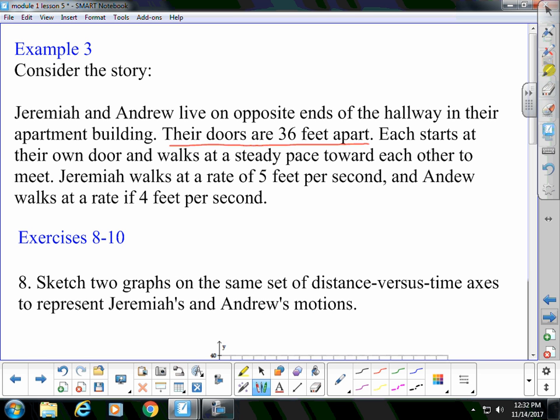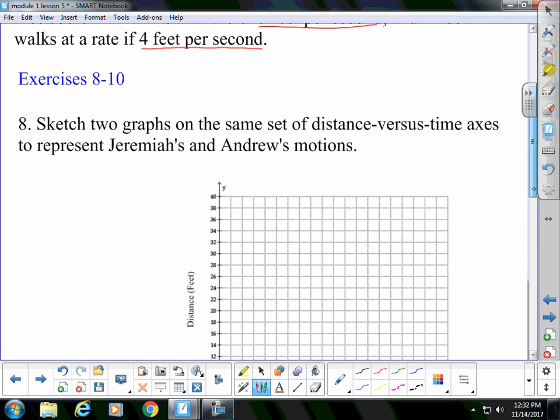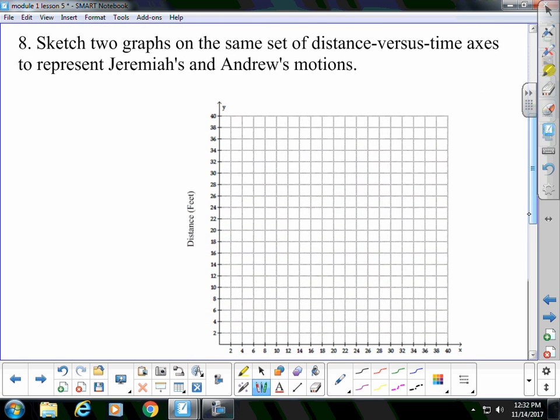Jeremiah walks at a rate of 5 feet per second, so that would be Jeremiah's slope. And Andrew walks at a rate of 4 feet per second, so that would be his slope. Okay, so we've got Jeremiah's slope and Andrew's slope. So we're going to sketch the situation here.